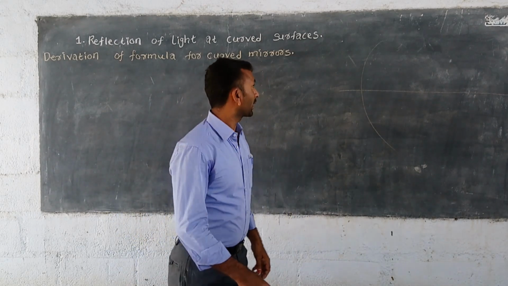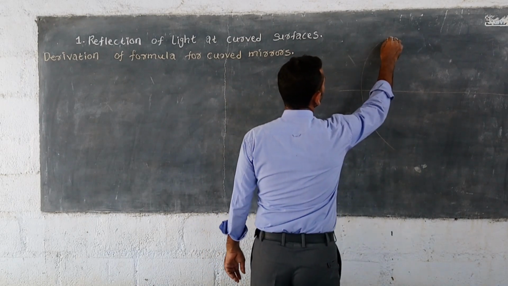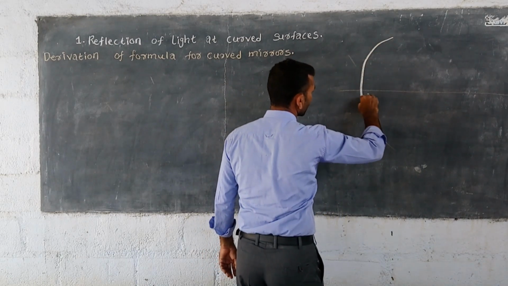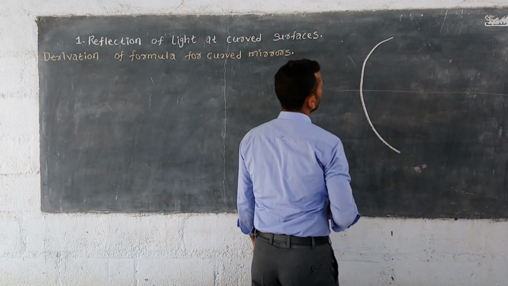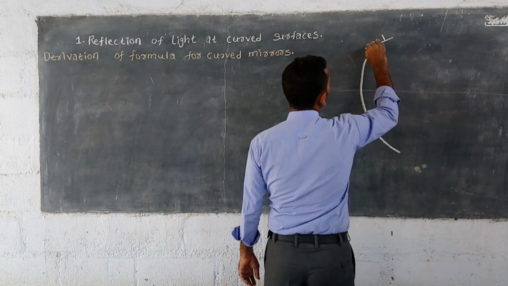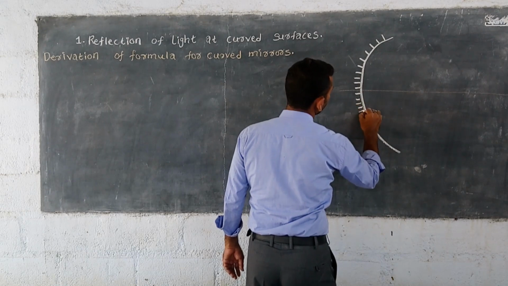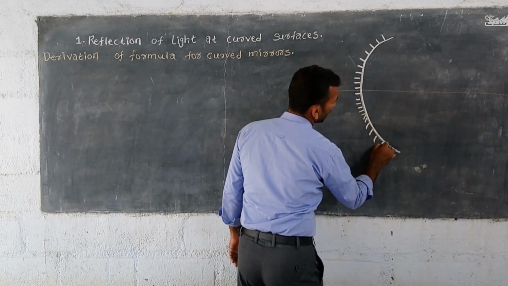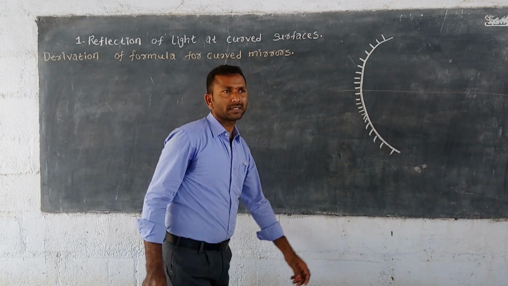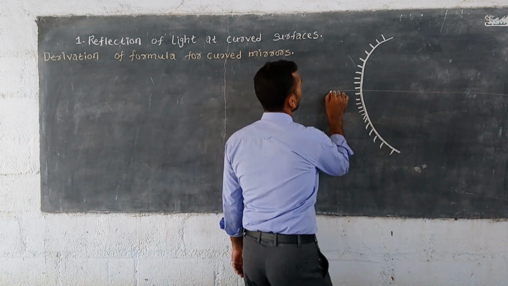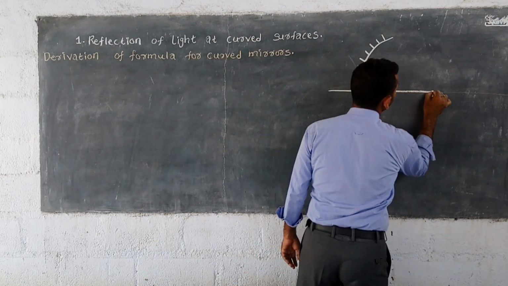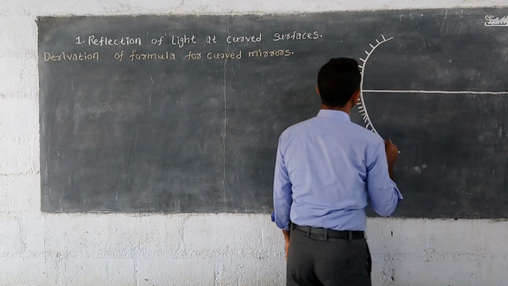First, take a concave mirror. This one is the non-reflecting surface of the concave mirror, and this one is the principal axis of the mirror.